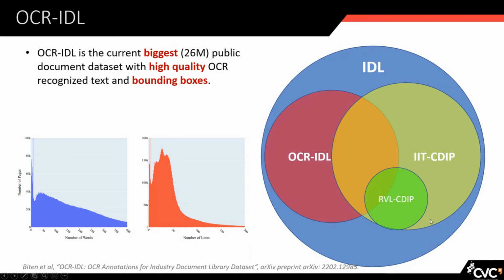The RVL-CDIP is part of the IIT dataset, and the OCR-IDL is extracted from the IDL, which also is the source of the DocVQA dataset, for example, the single page, and has an intersection of IIT and RVL. It is currently the biggest document dataset with high quality OCR recognized text and bounding boxes. So nowadays it is quite worth pre-training on this kind of dataset.